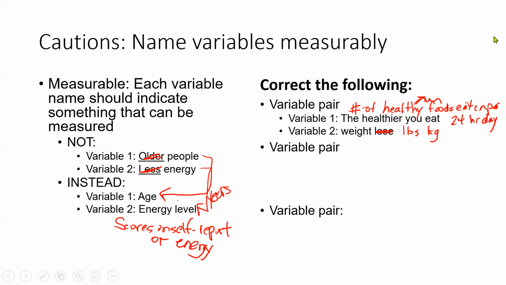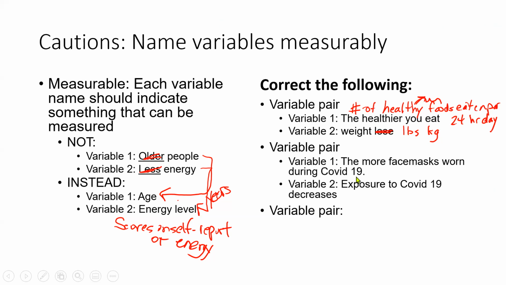Donovan, I haven't heard from you in a bit. Do you have, well, let's go on to the next one. Maybe we'll hear from you. Here's another variable pair. I think this is a good positive correlation. The more face masks worn during COVID-19, exposure to COVID-19 decreases. So first off, we can get rid of the directional word in variable 1 and variable 2.